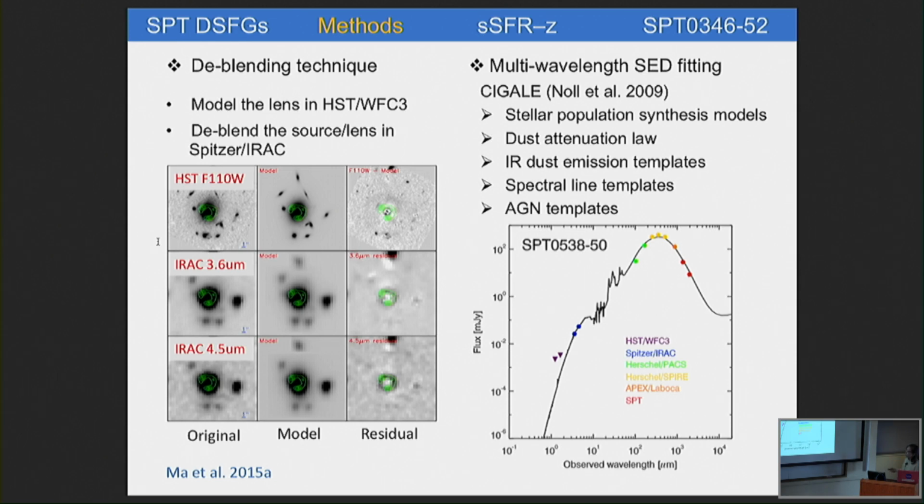So in this case, after subtracting the foreground galaxy, a full Einstein ring is recovered in both IRAC bands coincident with the ALMA contours. Then I use a multi-wavelength SED fitting technique, including all the components, to derive their physical properties, such as their stellar masses and star formation rates.